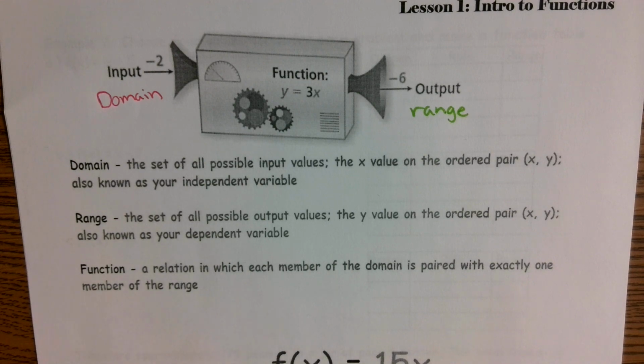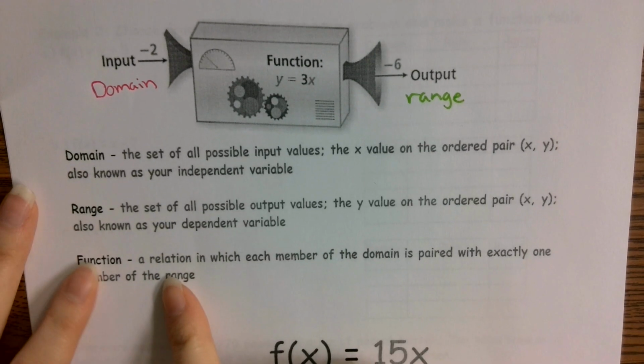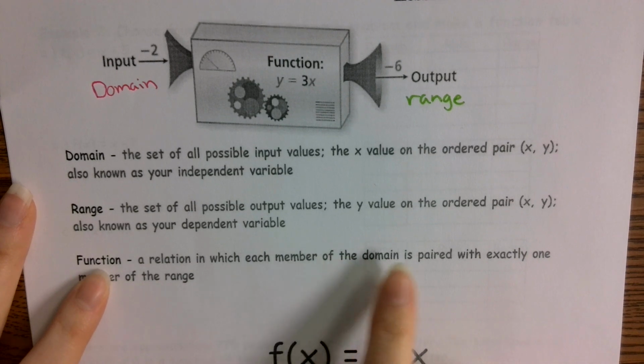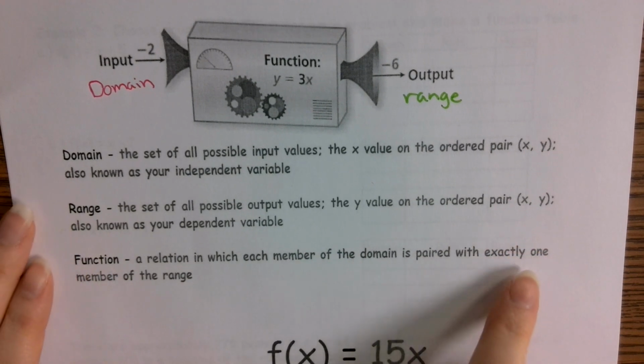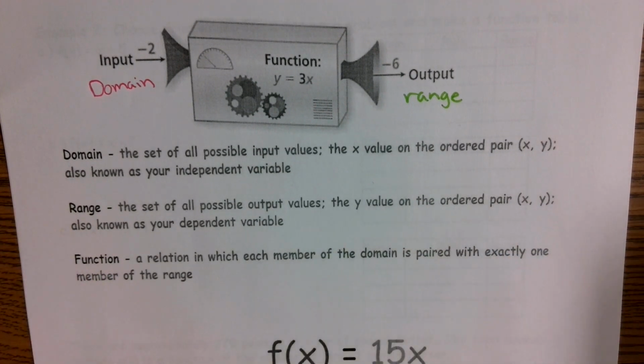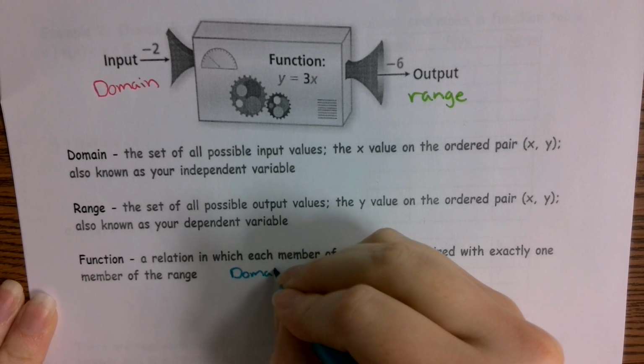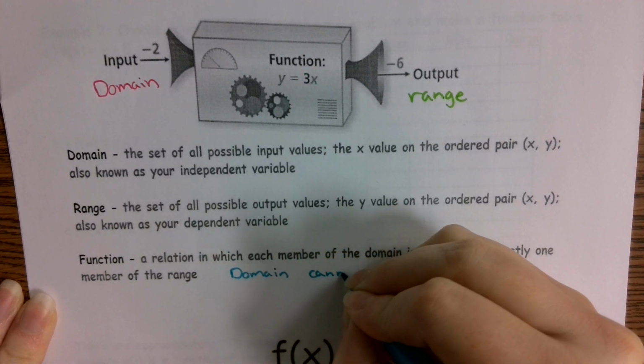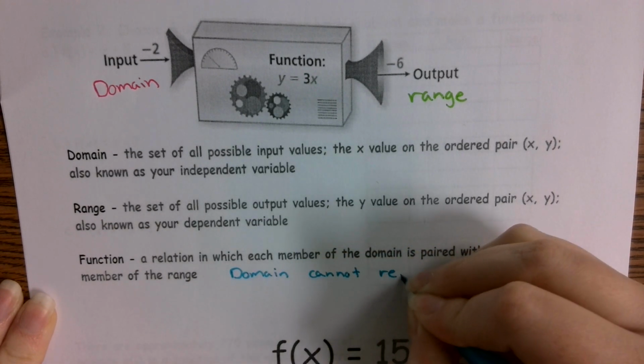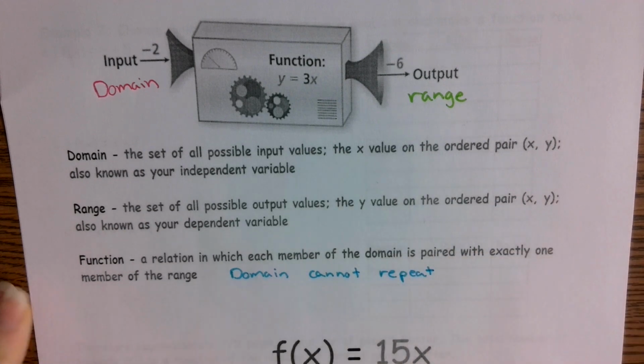And if it is a function, it's the concept that a domain is paired up with exactly one range. Meaning, in this situation, if it is a function, the domain cannot repeat. That means that your domain can only have one range value. It cannot have more than one range value.